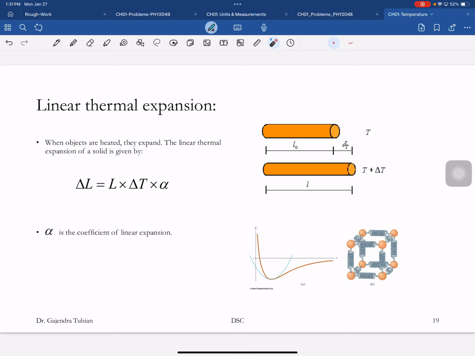Now, let's say I heat this solid. What happens when you heat a solid? These molecules vibrate with a greater amplitude, so their average kinetic energy increases. And it expands. When you're adding energy, its kinetic energy increases and its potential energy increases as well.